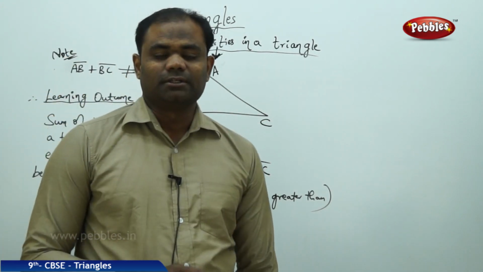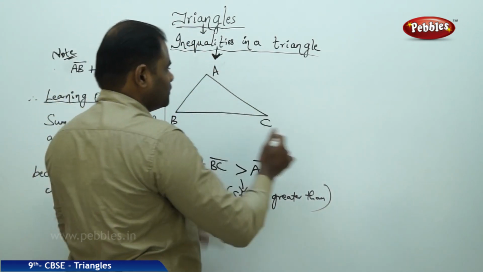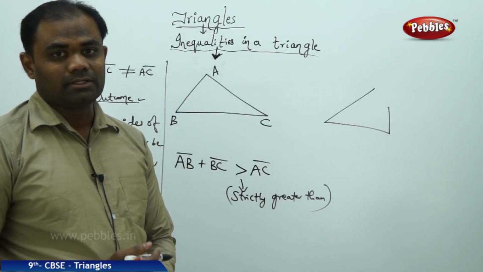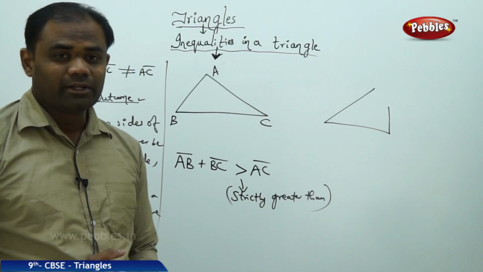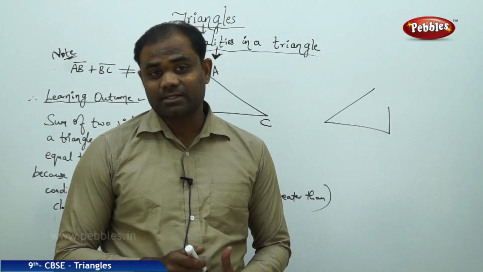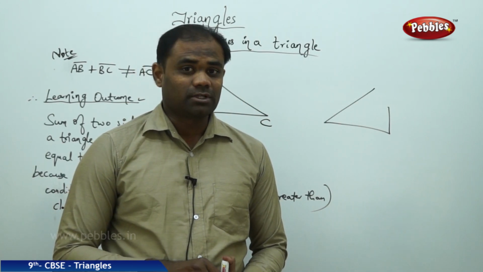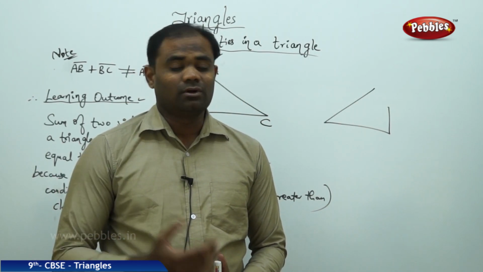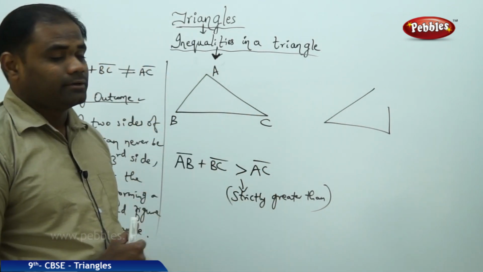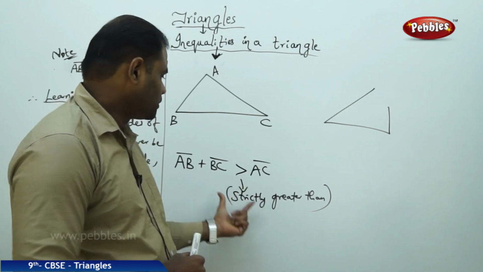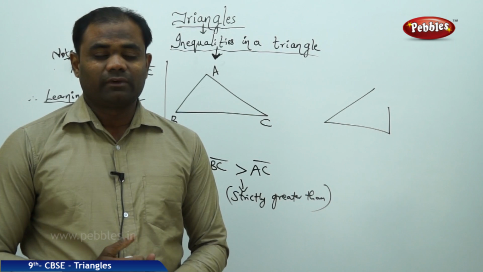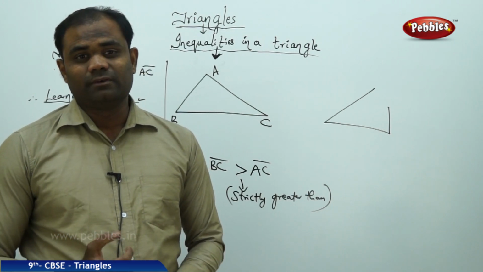It fails the condition of forming a closed three-sided figure, or it forms an open triangle. This is how we understand the strictly greater than concept connected with the sum of two sides always exceeding the third side. At the most, it cannot even be equal to or less than. This is how we understand the triangle inequality strictly following the strictly greater than inequality. This is how we connect the triangle properties with inequality.